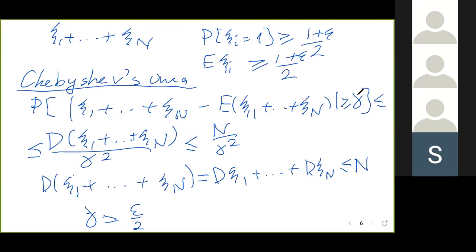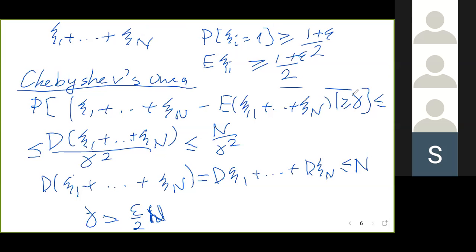So for gamma equal to epsilon over 2 times n, this event exactly means that we have made an error. And so for that gamma, the probability of error is at most, gamma is epsilon over 2 times capital N, of course.